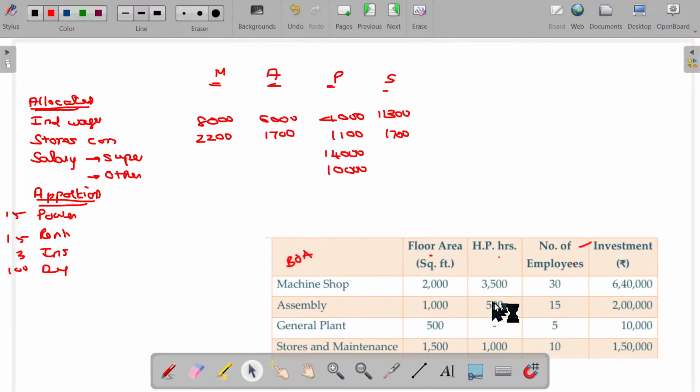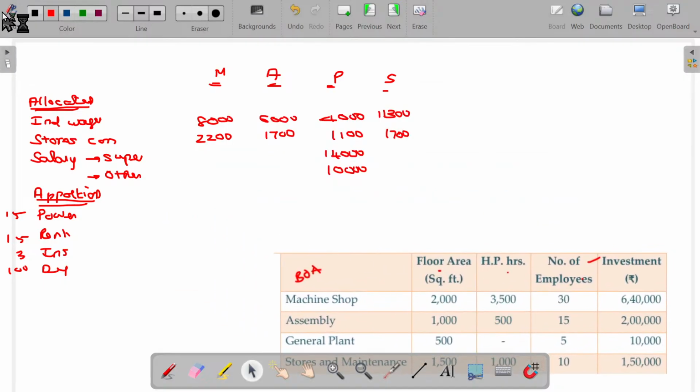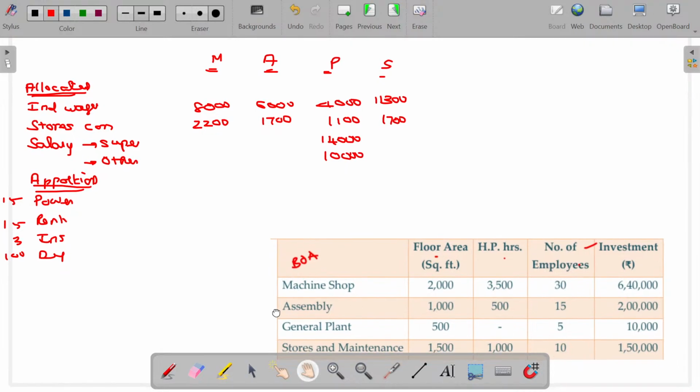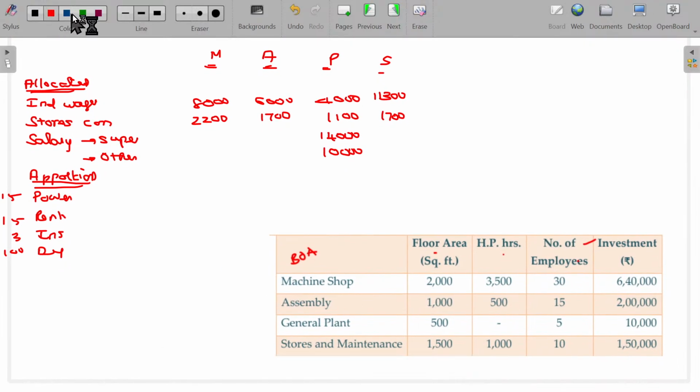Yes, come on, tell me. Power can be apportioned using what base? Horsepower predominantly. So horsepower is given here: 7:1:2.